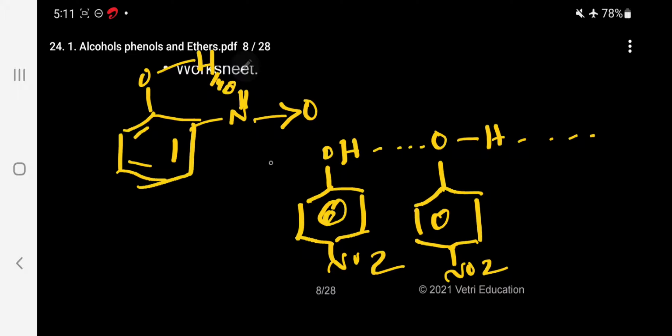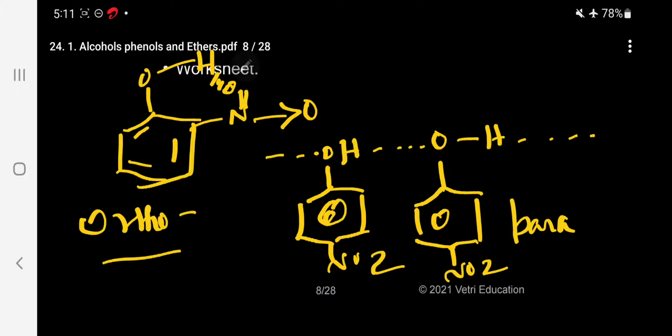So this is para, this is ortho nitrophenol. So this is the structure.